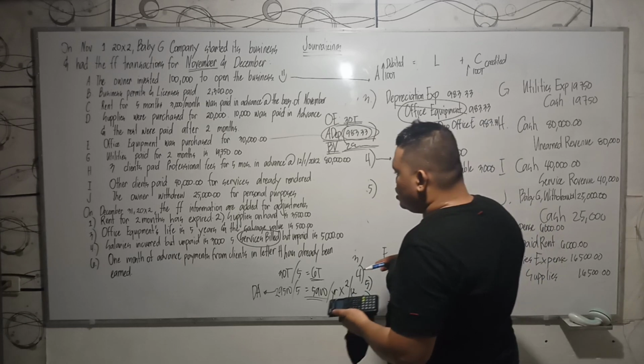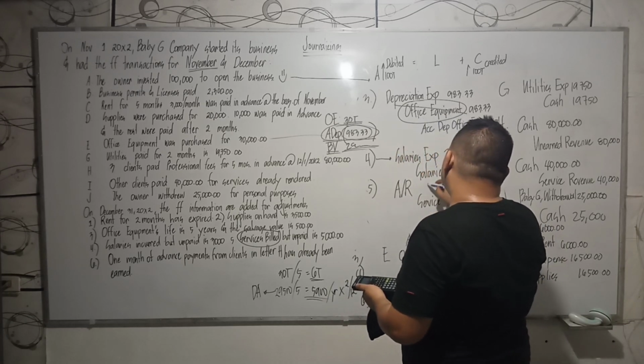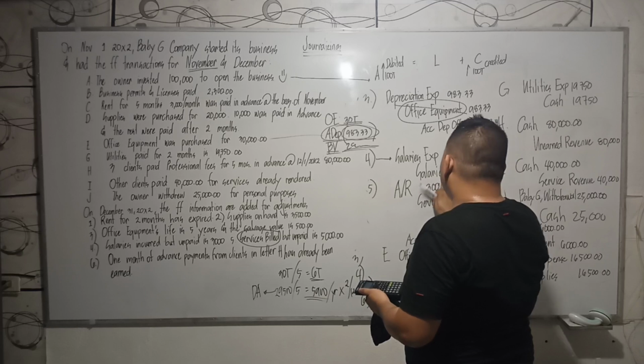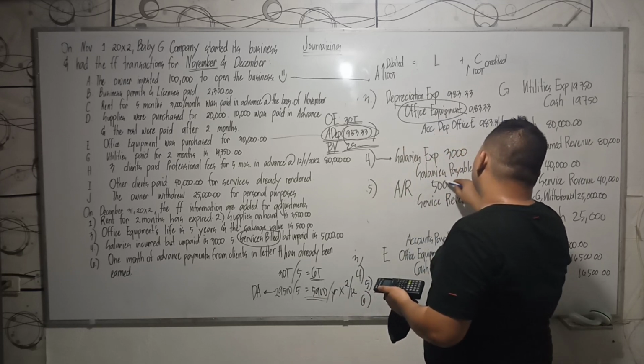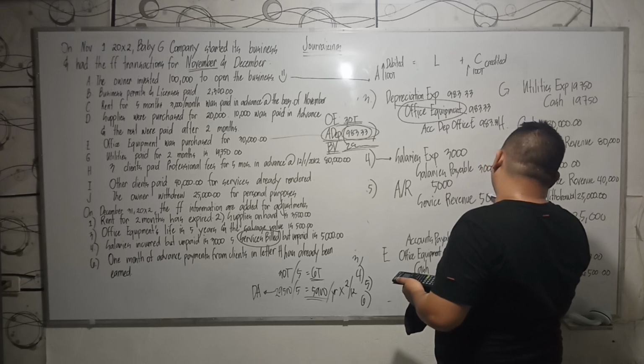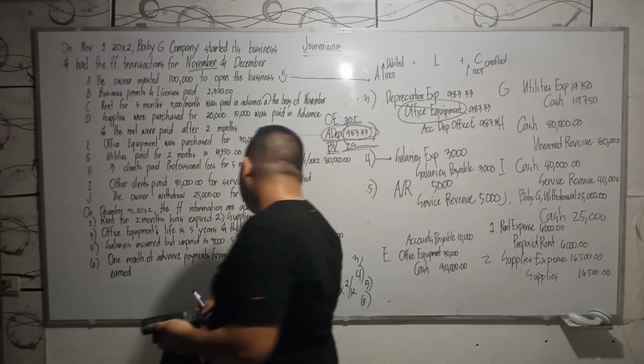Service revenue, and then we have accounts receivable as an asset. How much is that? 5,000. I'm sorry. I copied the amount from the previous transaction.